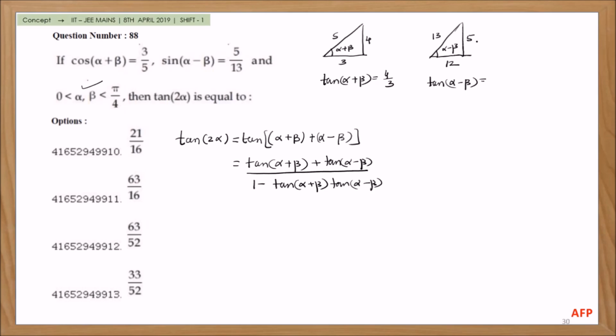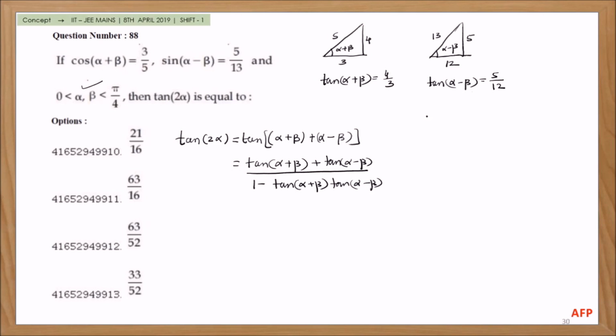Tan of alpha minus beta is nothing but opposite side by adjacent side. So even alpha minus beta lies in the first quadrant, so there is no sign change; it will always be positive for both.